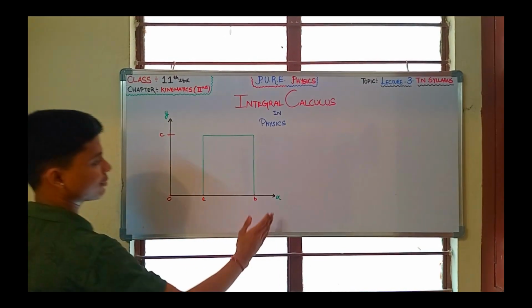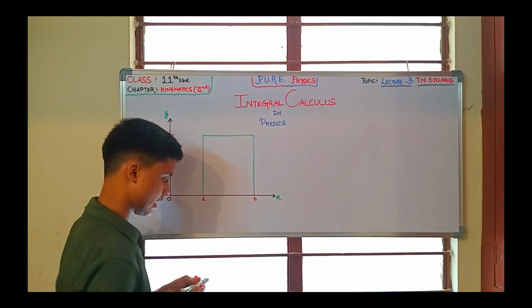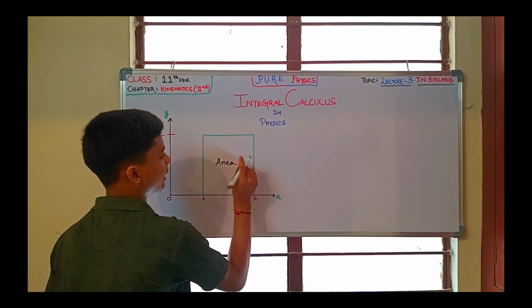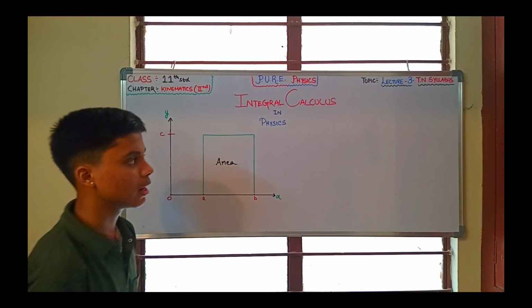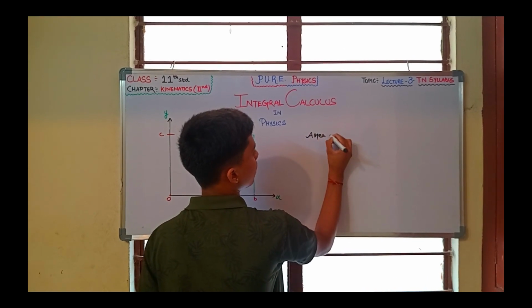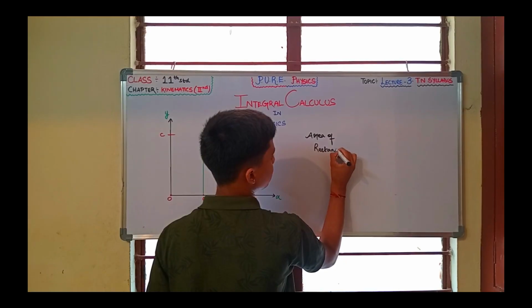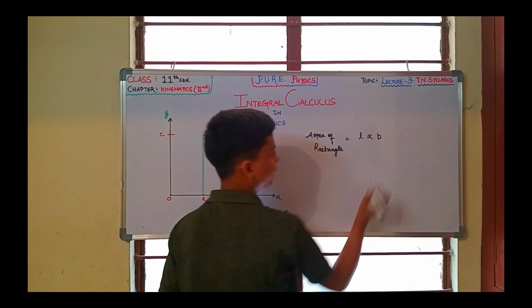This is a graph and I've drawn a rectangle. Now I need to find the area of this rectangle. What do you know about the area of a rectangle? Area of rectangle is equal to length into breadth.